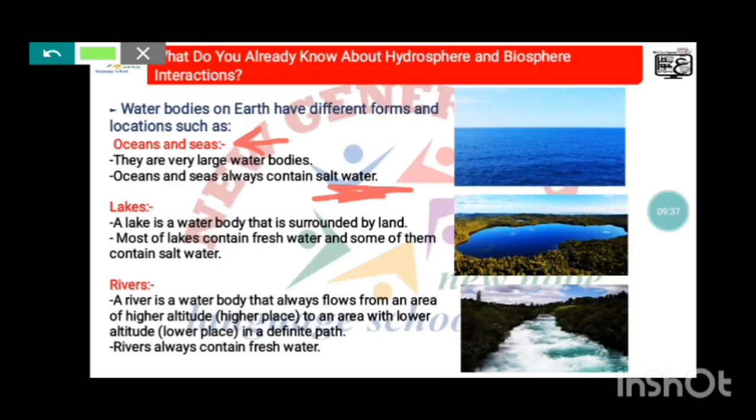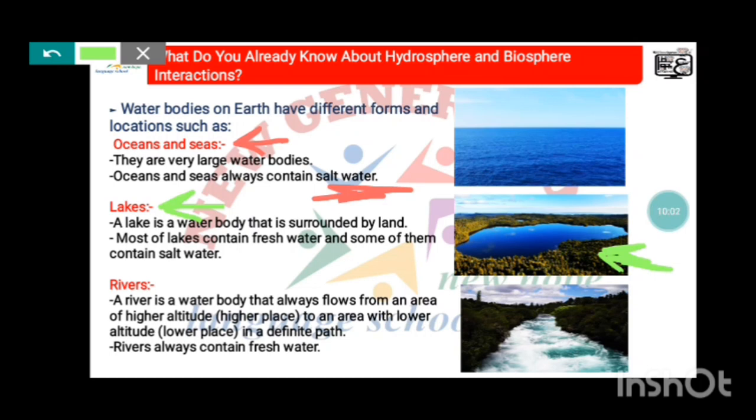And according to lakes, a lake is a water body that is surrounded by land, like this. Most lakes contain fresh water, and some of them contain salt water.